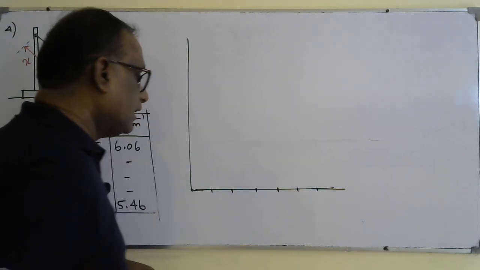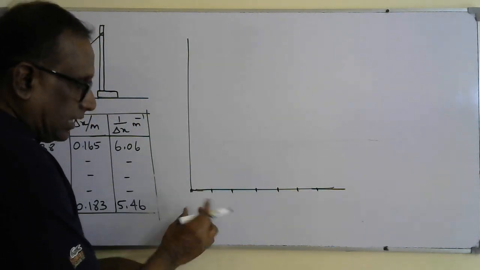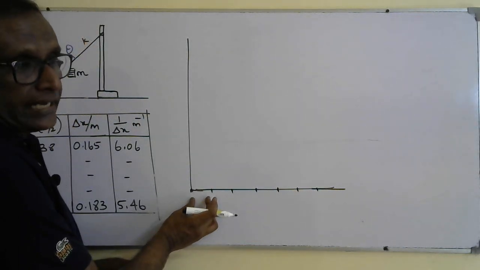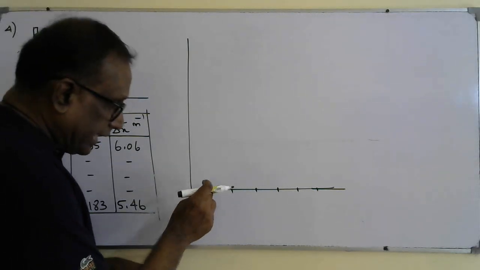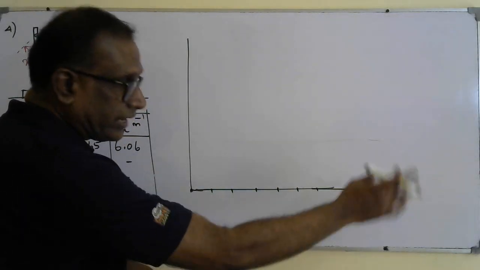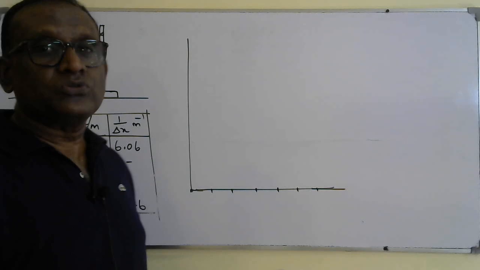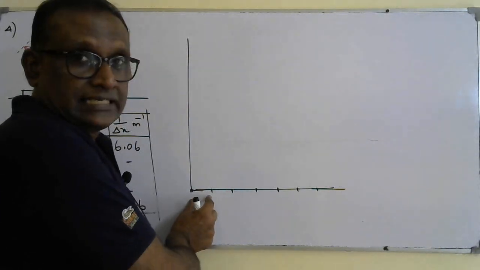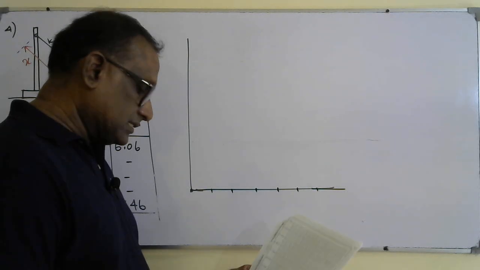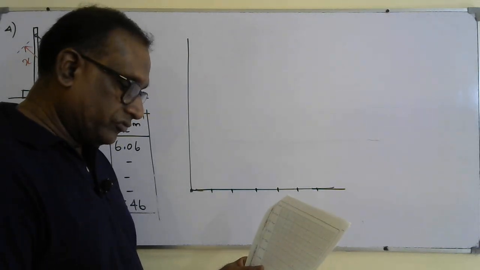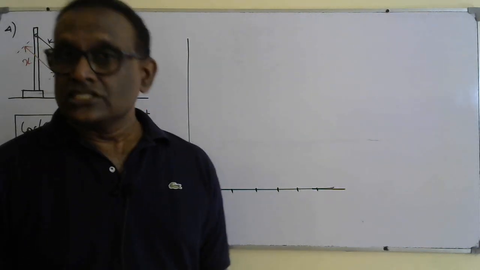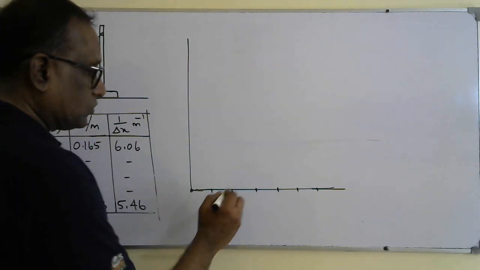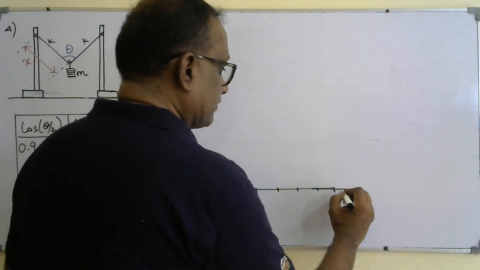Count it and see. 1, 2, 3, 4, 5, like 8 divisions you can see. So one division consists of 10 tiny squares. 1, 2, 3, 4, 5, 6, 7, 8 divisions are there, right?